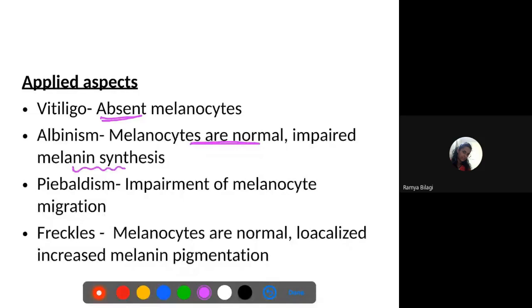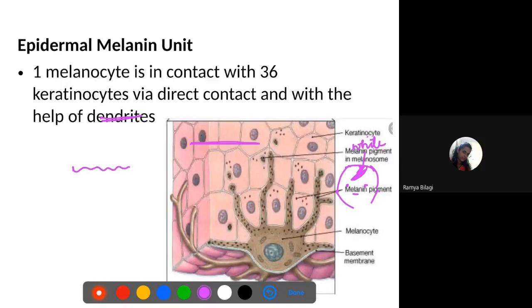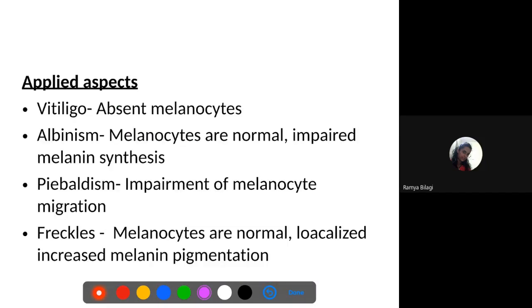You see a condition where only the forelock of the hair is white. This is piebaldism, where there is impairment of melanocyte migration. With the help of these dendrites, the melanocytes migrate to other cells. This aspect is impaired in piebaldism.